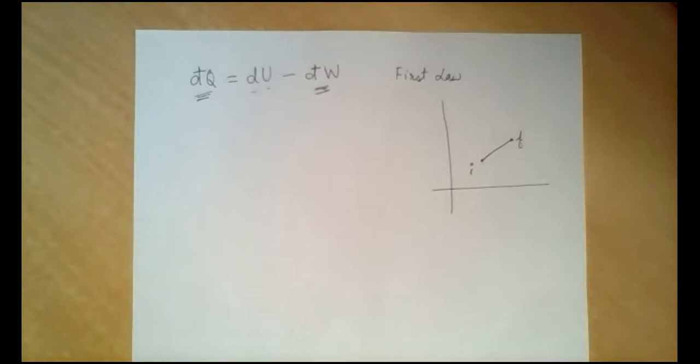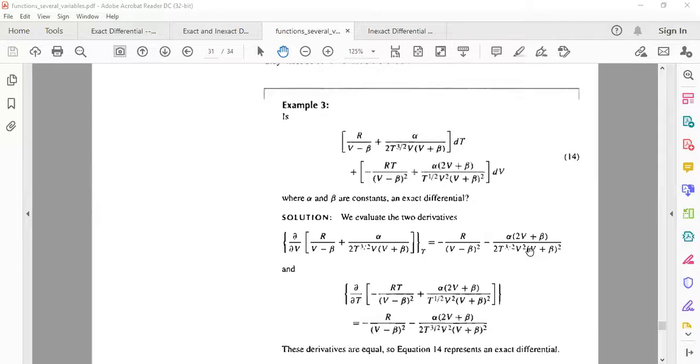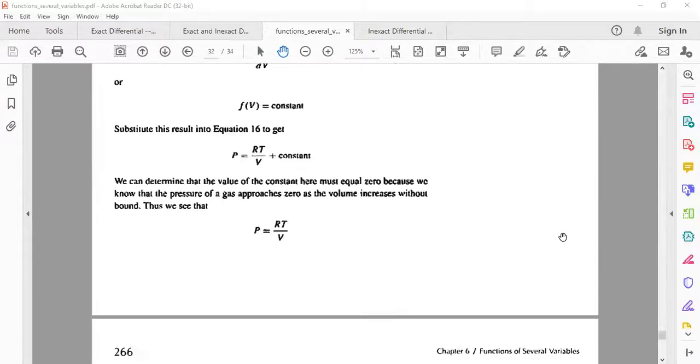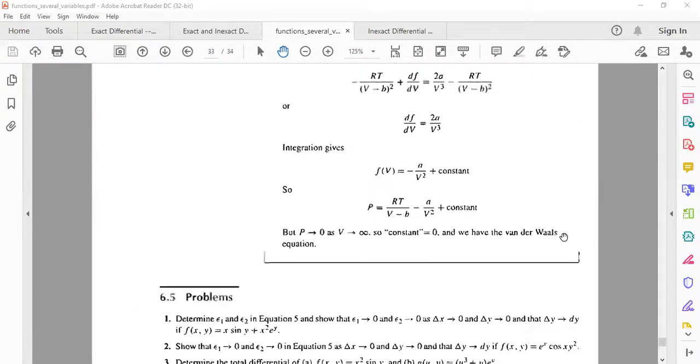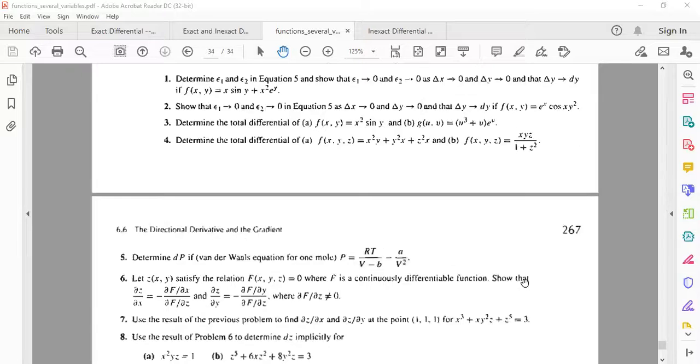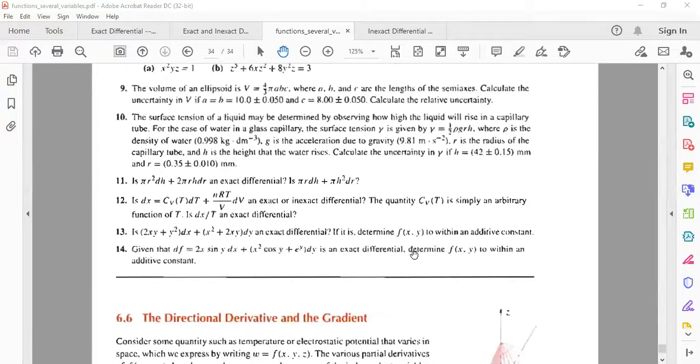So let me share the screen once again. So this is the problem, problem number 12: is dx equal to CV(T) dT plus nRT by V dV an exact or inexact differential?